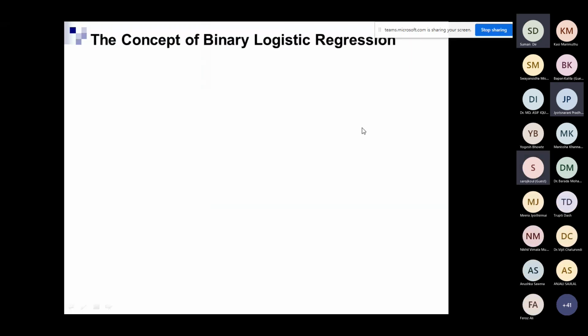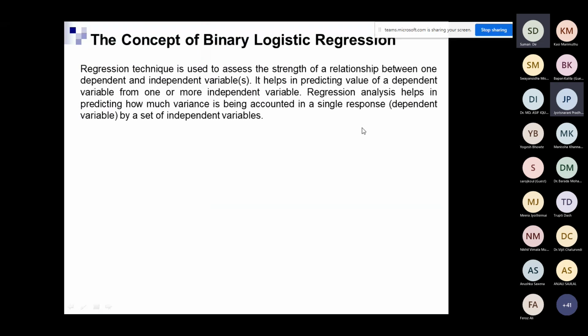So the concept of binary logistic regression. The regression technique we studied earlier is used to assess the strength of a relationship between one dependent and one independent or multiple independent variables. Regression analysis is used to help in predicting a value of the dependent variable from one or more independent variables. With one independent and one dependent, we call it simple linear regression.